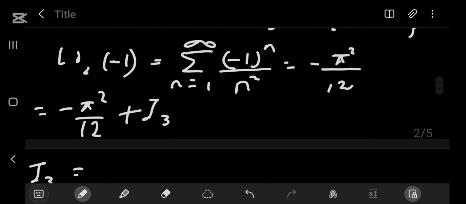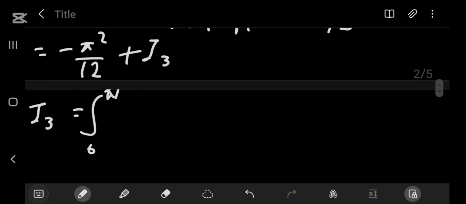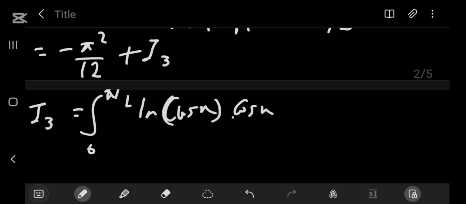Now we have to solve the I3 part. I3 is equal to integral from 0 to pi by 2 of ln cos x over sin x dx. Well, now I'm going to do one trick here.